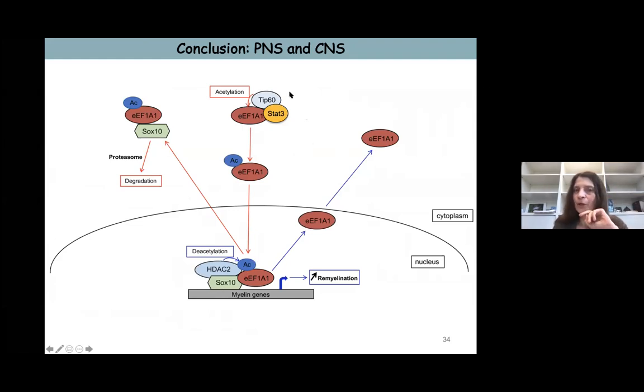We have even shown that TIP60 is involved, and that we can promote remyelination by theophylline by increasing the levels of HDAC1/2, or of HDAC2, sorry, which then will promote the relocalization of EF1A1 in the cytoplasm and maintain SOX10 on its target genes.